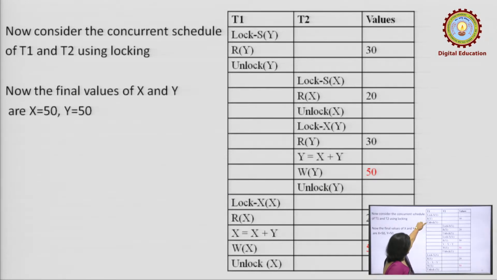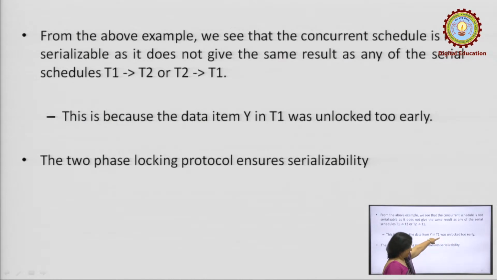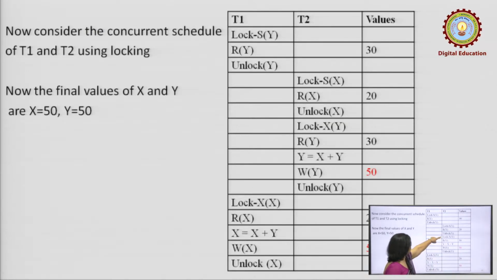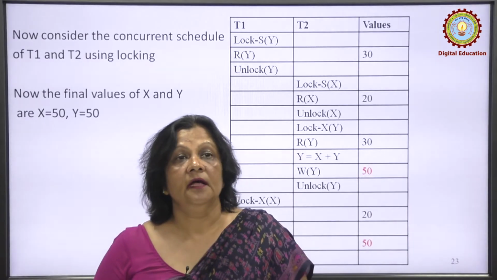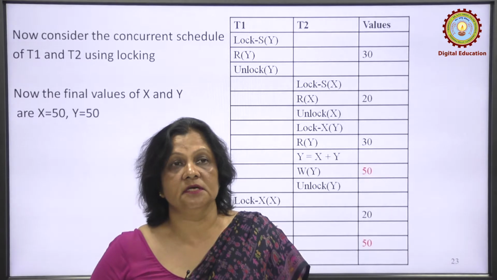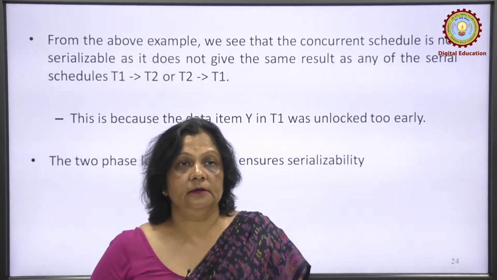When y was unlocked, it could be locked here in the exclusive mode by the transaction T2. Had it not been unlocked over here, we could have achieved the correct state of the database. That is why we said that the positioning of the locks is very important.